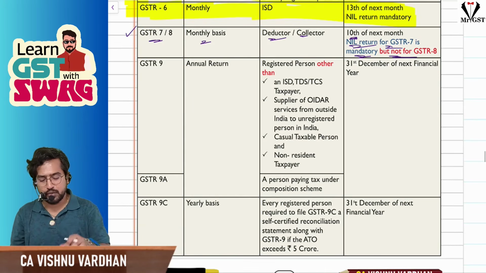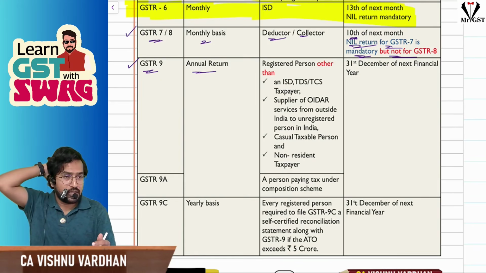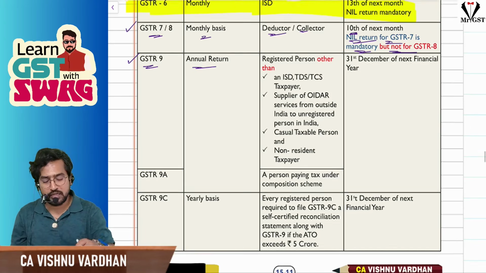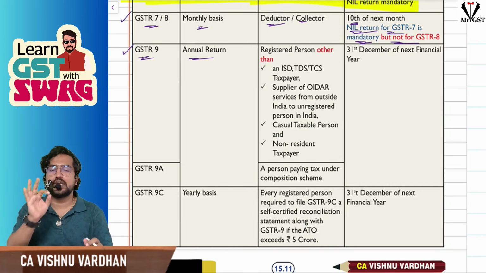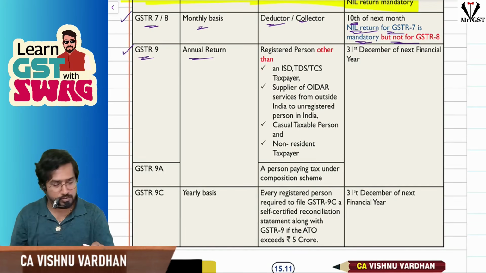Shall we continue? GSTR 9, you have been hearing about this for so long. Annual return should be filed. Who has to file annual return? Every person who is required to file GSTR 1 other than casual taxable person.